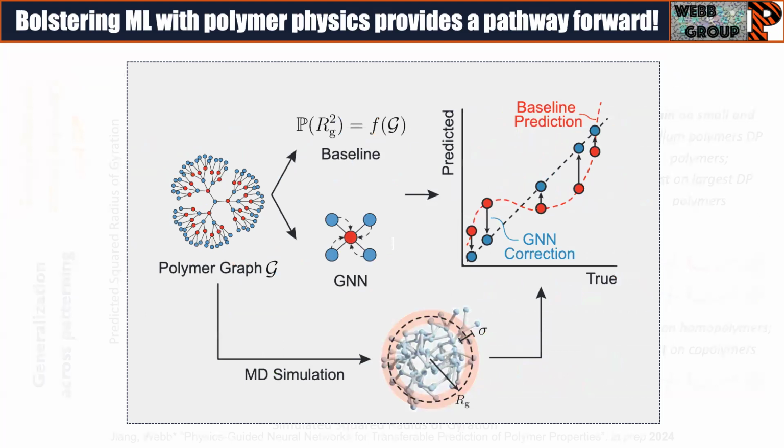And the way in which we're doing that, we've had this idea for a long time and it was just never that useful until now, is we can craft the prediction task to not try to do everything, but rather we can formulate it from a baseline model, which is predicated off of maybe a polymer physics theory.